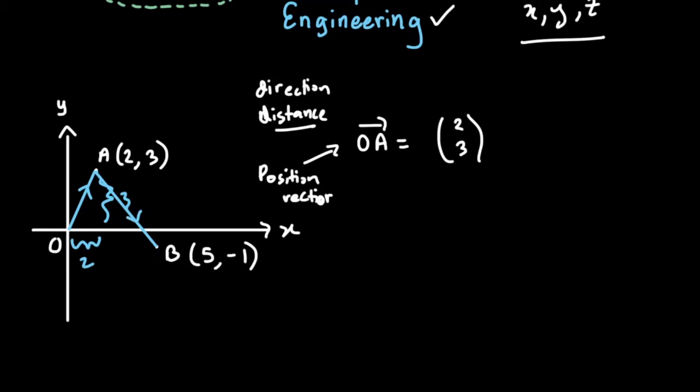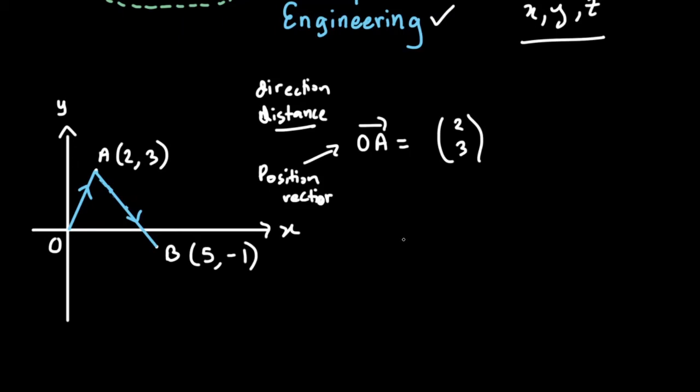I'm just going to erase these parts. Okay, looks pretty clean. All right. So now basically we need to calculate the AB vector, right?